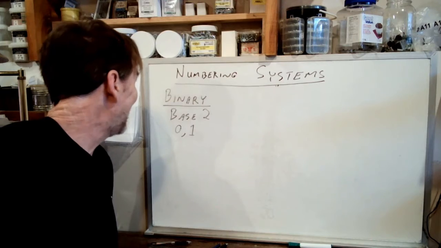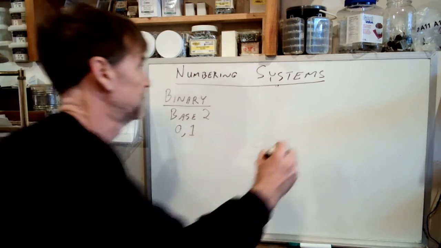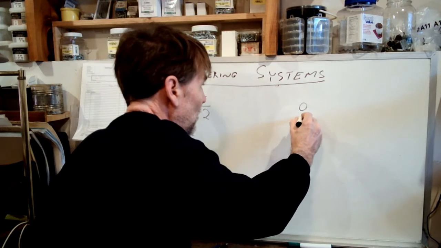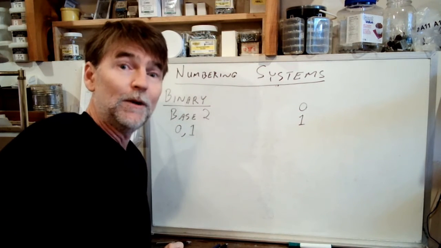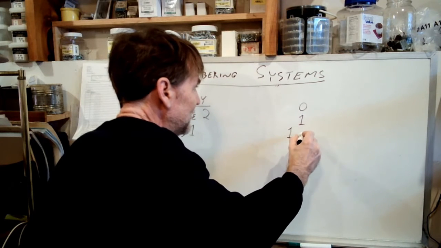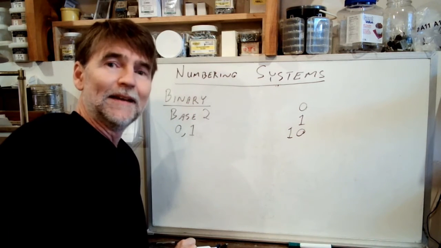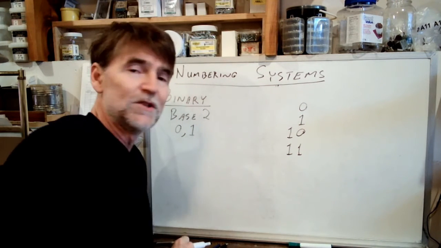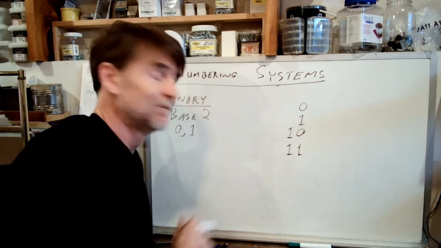So how do we count in binary? We start at 0, we go to 1. Now what do we do? Start over. Increment to the left and begin again. We just ran out of numbers again.